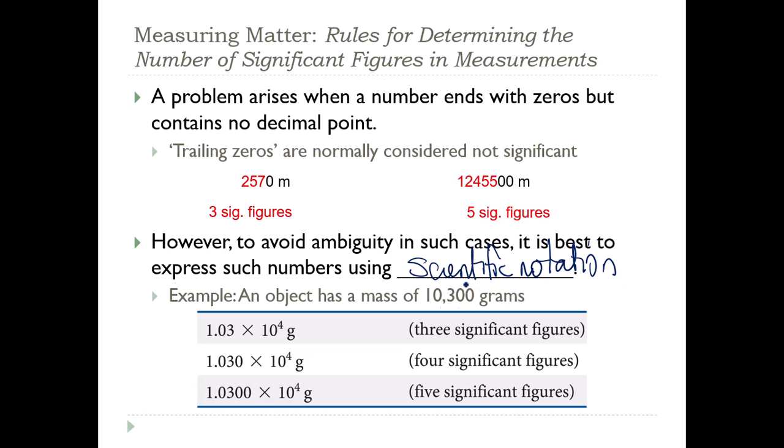Are these zeros significant? To convey clearly 3 sig figs, write 1.03 times 10 to the 4th. For 4 sig figs, 1.030 times 10 to the 4th, and 1.0300 times 10 to the 4th would be 5 significant figures.